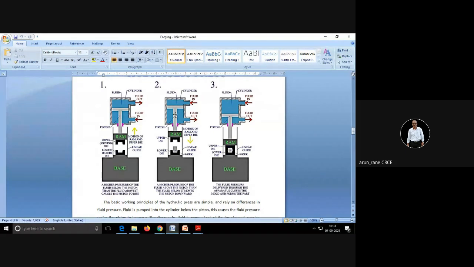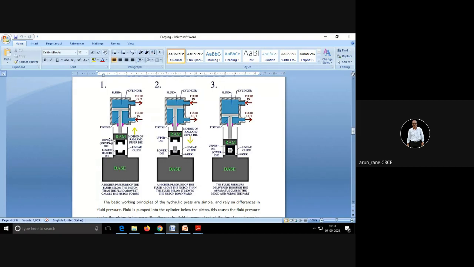Now in the first case, this is your cylinder and this is the piston, and you have a fluid here. So fluid gets in from here and it acts on this surface and it moves the piston. Now this ram of the press is attached to the piston.